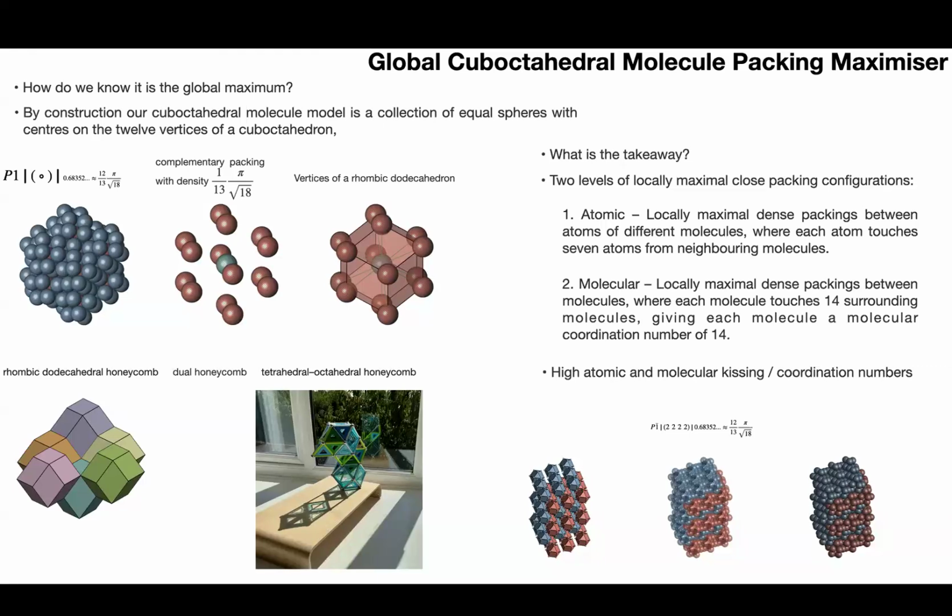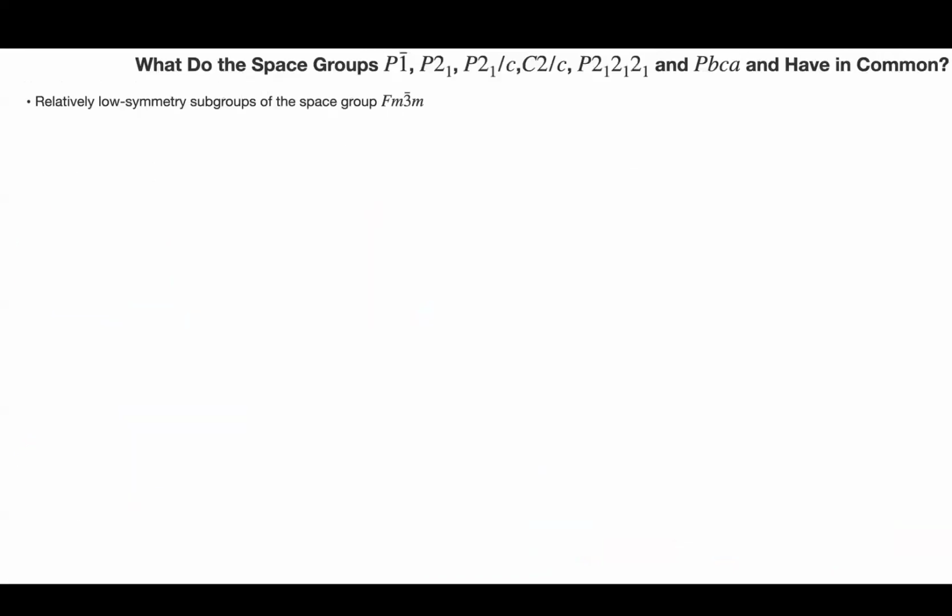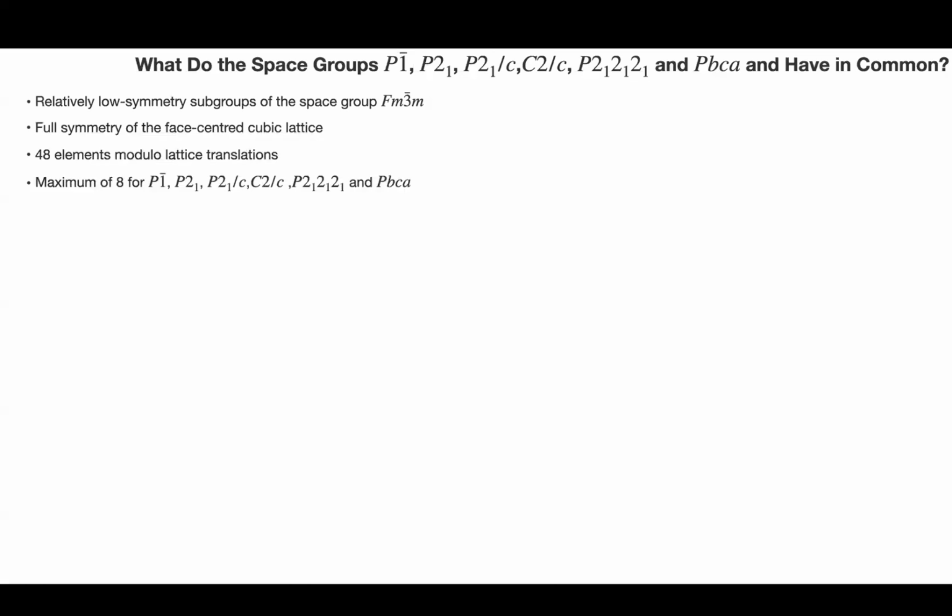One, we have maximizing the kissing number or the coordination number between atoms, like a single atom, but also between molecules. Every molecule, the rhombic dodecahedron, is connected to 14 other molecules. To conclude, this is by these space groups.